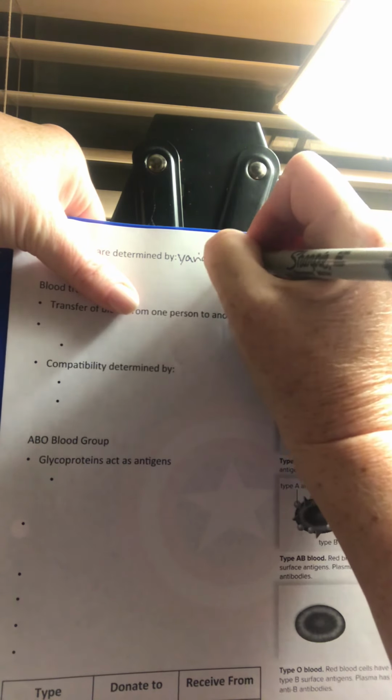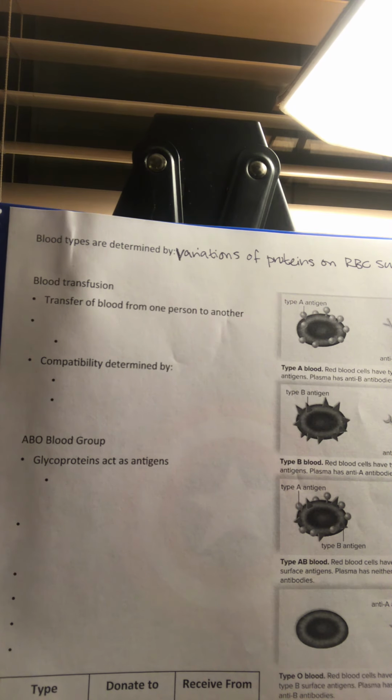When you're dealing with a blood transfusion, you're talking about transferring blood from one individual to another. And of course, in emergency medicine or in surgeries, blood transfusions are life-saving many times. But in order to make sure that the blood is compatible with the person that's receiving it, there have to be a couple of different factors that are matched. One of those factors has to be blood type.